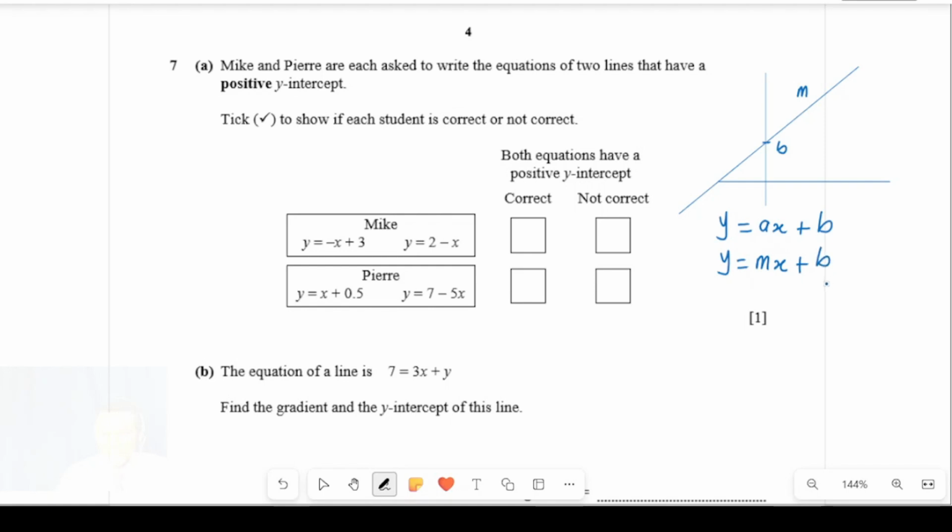So this is the intercept, while this is the gradient of the line. And if it is positive, m has a positive value.